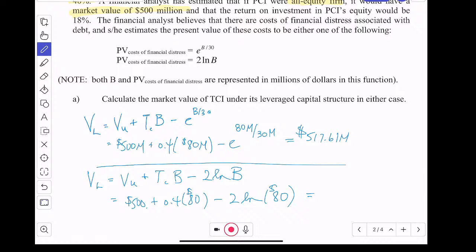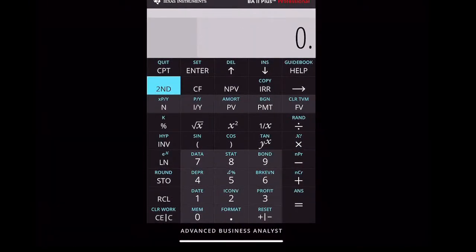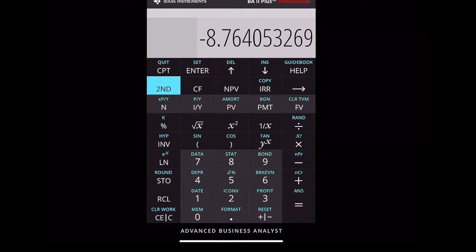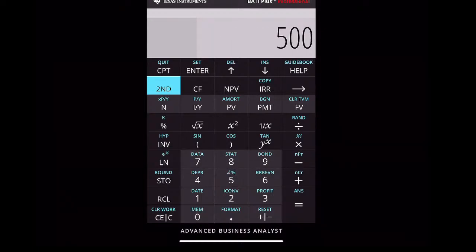I'm going to calculate. I'm going to start with log of 80 times 2 negative plus bracket 0.4 times 80 close bracket plus 500.